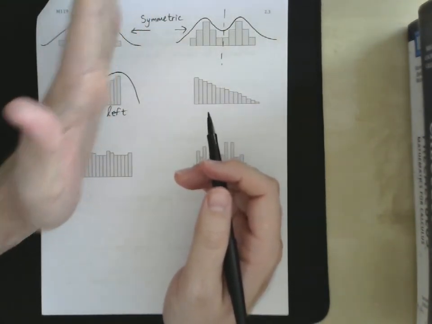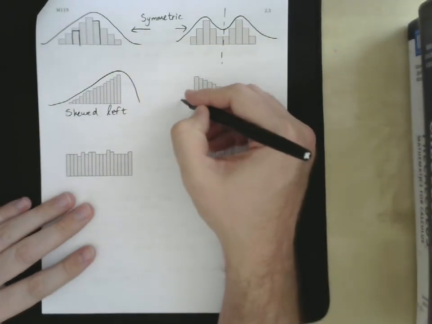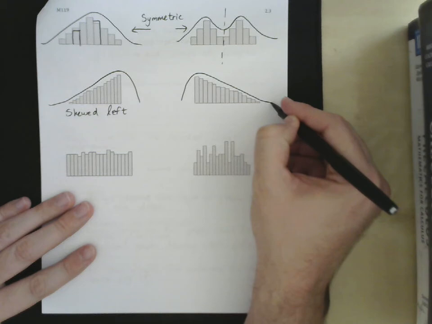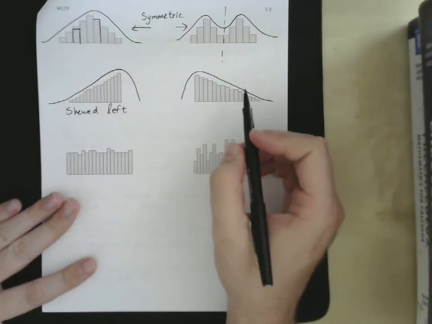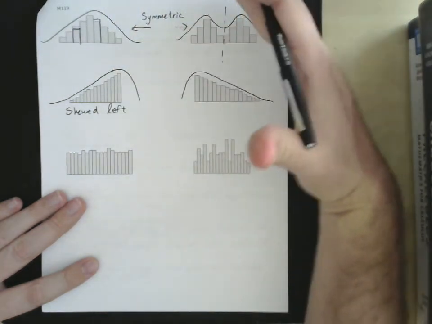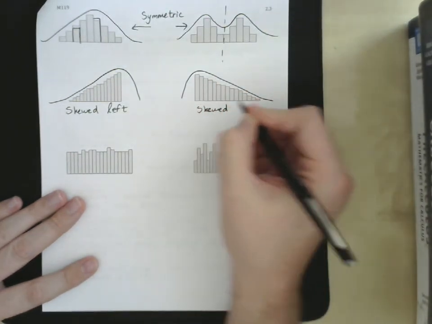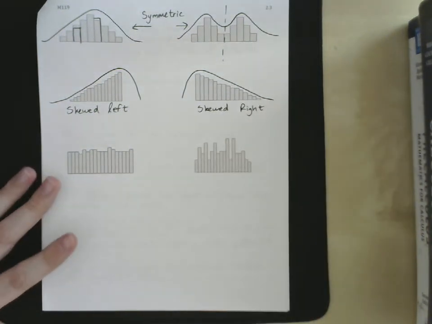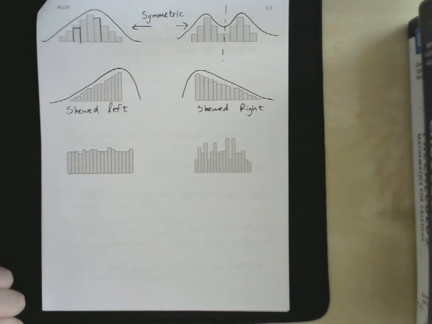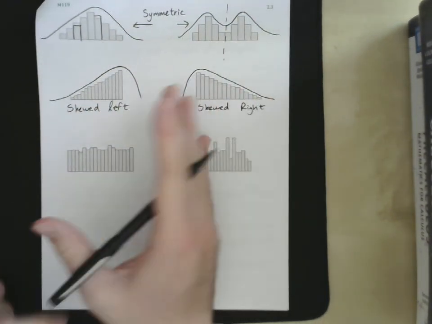You've pushed it from the left, so it's skewed from the left side. And then same thing for skewed right, which is this shape here. Here we see that the data looks like it's been flattened from the right side. Most of our data points are lying on the left, so this is skewed right. And that's just something you'll have to get used to. Skewed left means data's on the right, skewed right means data's on the left.